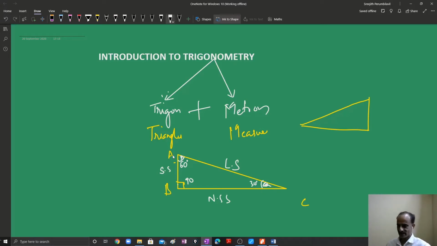That means there is a relationship between the sides and their opposite angles. So this is what trigonometry explores. So triangle and its measurements. What kind of measurements? Measurements of the sides and angles. Obviously the area also comes, and there are a lot of things like that.